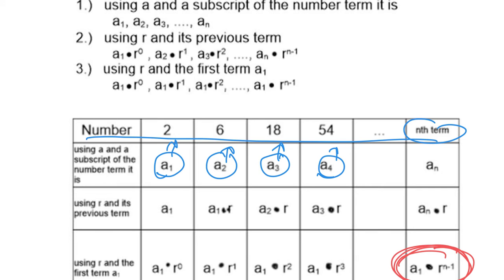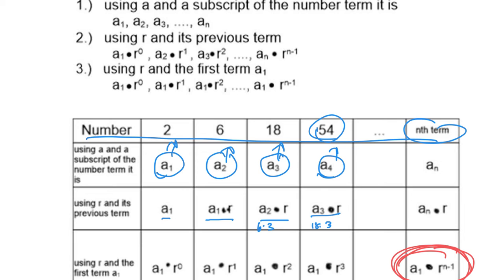Okay. Or the first term times your common ratio. Then 18 is your second term times your common ratio. So it's 6 times 3. Then this is your term before times your common ratio, which gets you 54, that number up there.